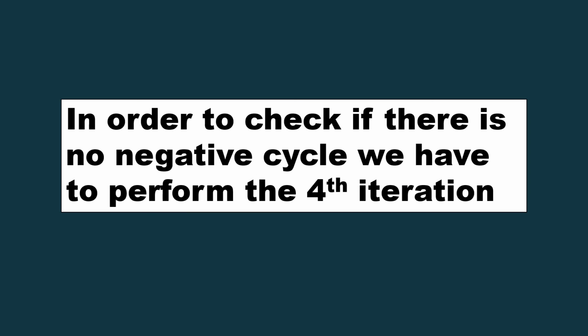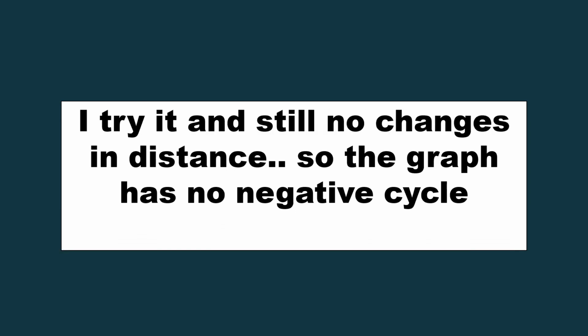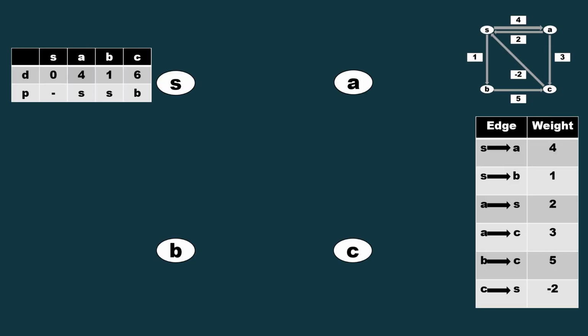In order to check if there is no negative cycle, we have to perform the fourth iteration. I tried it and still no changes in distance, so the graph has no negative cycle. We will now graph the result.